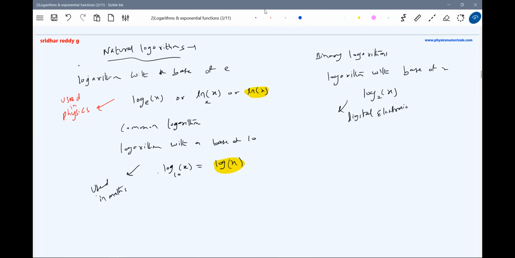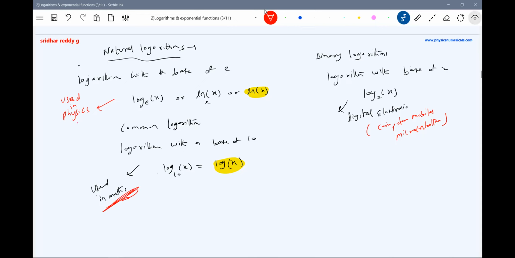Now you can ask a question: in digital electronics, like chips, electronic chips, computers, mobiles, microcontrollers, they will prefer this one. This is used in mathematics. And this is physics.